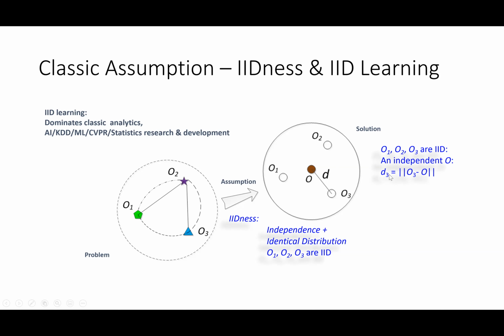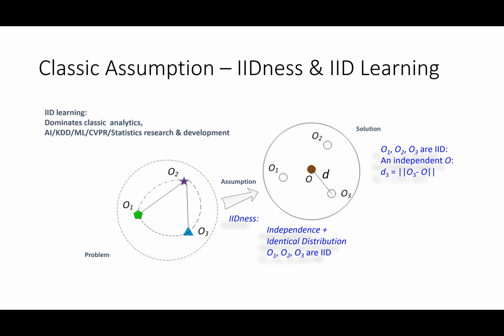So we learn this objective function, and then determine which cluster or which class or which pattern O3 belongs to, or whether O3 is an outlier or not, right? So those basically cover the typical analytical learning problems: pattern mining, unsupervised learning, supervised learning, outlier detection, etc., right? So that's a very common setting.